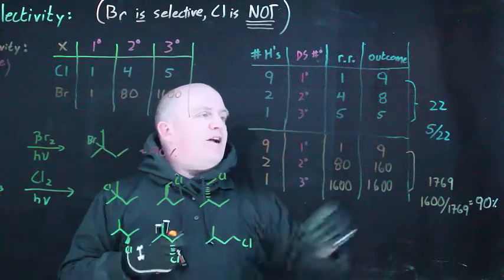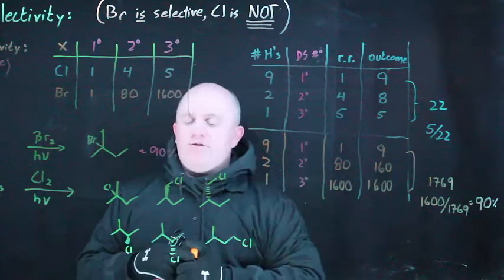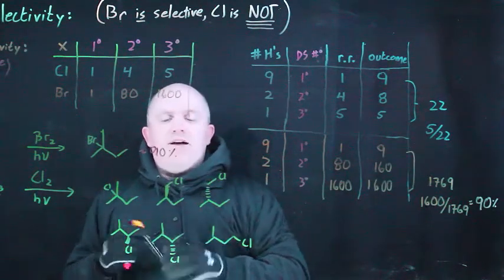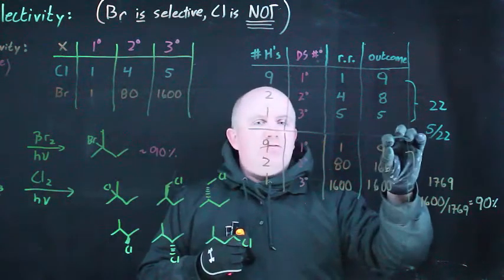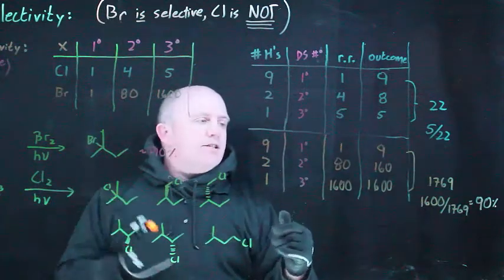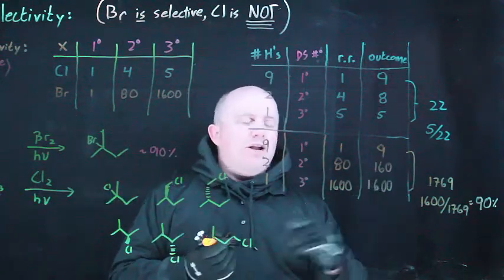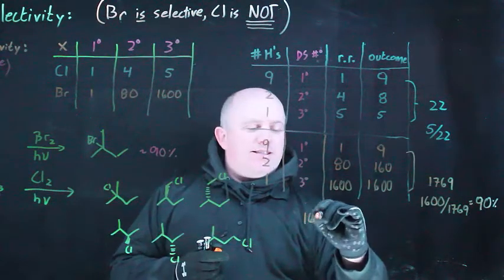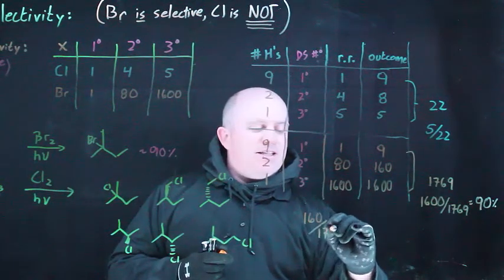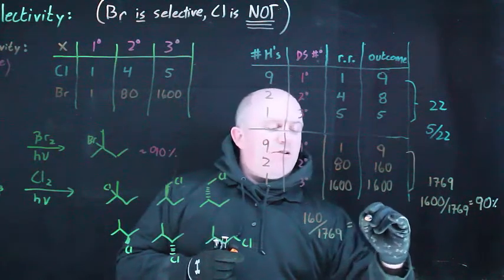Your best case scenario isolation of the tertiary for the chloride is 20% maybe, and you're going to have a whole mess of products. Here, you're going to have a whole mess of tiny amounts of the primaries. You're going to have one major thing to try to get rid of, and there's maybe 10-ish% of that. Again, 160 divided by 1,769, that's on the order of 9% or so.